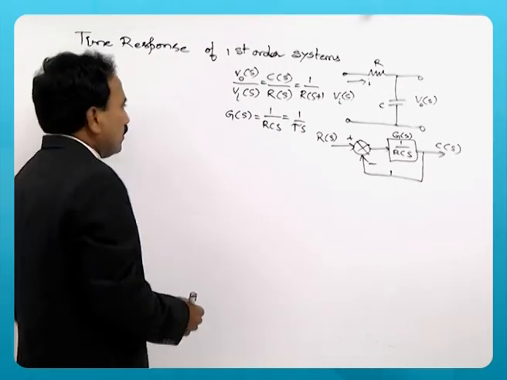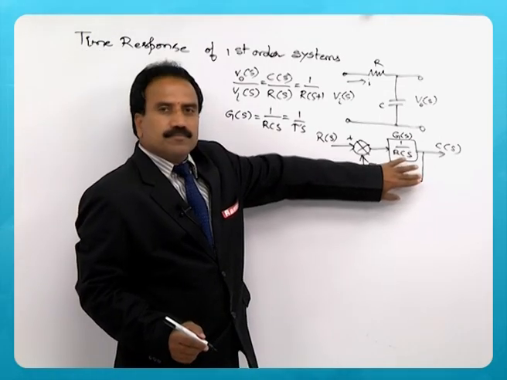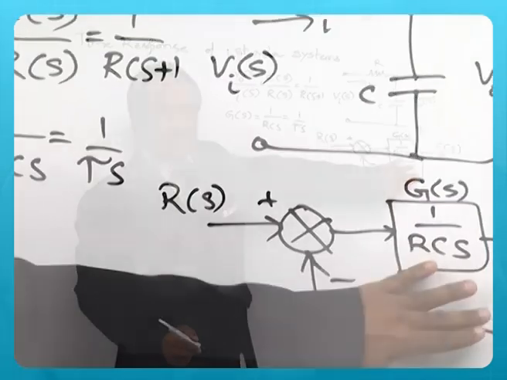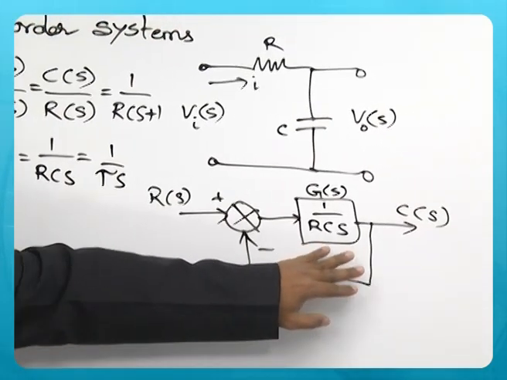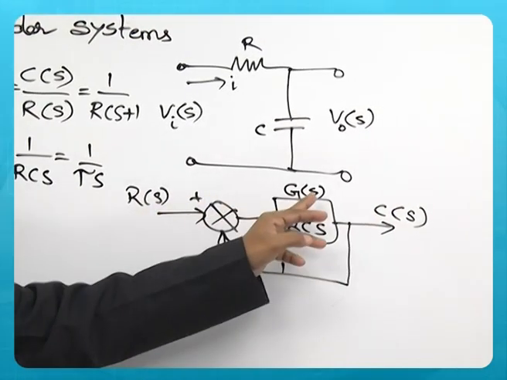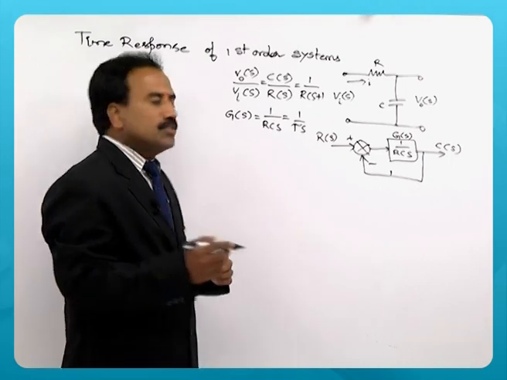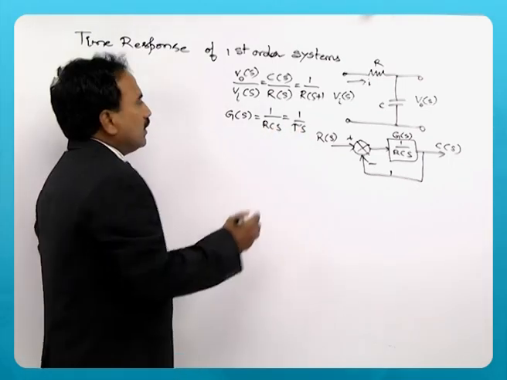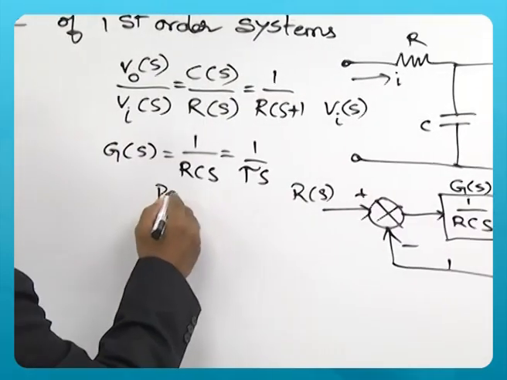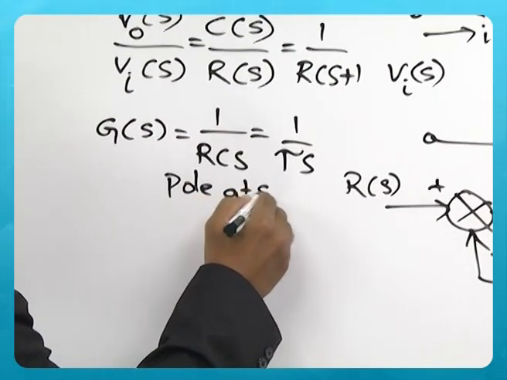So, if the loop is not connected, then the transfer function of that particular system, C of s by R of s, is simply G of s. That G of s is given by 1 by tau s. What it indicates? That means there is a pole at s equal to 0.